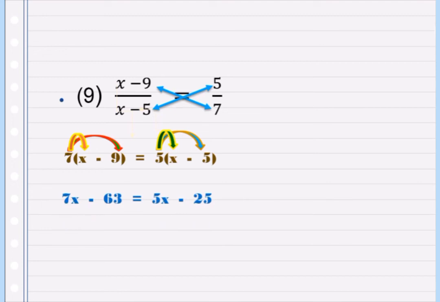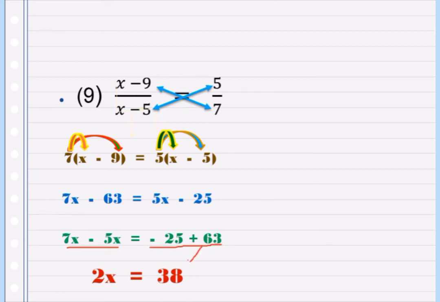Now 7x is on the left hand side and 5x is on the right hand side. It was positive, so coming here to the left hand side it will be negative. Similarly minus 25 and minus 63 will become plus 63. Okay, so the signs will be reversed. So 7x minus 5x is equal to minus 25 plus 63, because minus 63 will become plus 63 and plus 5 becomes minus 5. So 7x minus 5x is 2x is equal to 63 minus 25. So 63 minus 25 is 38.